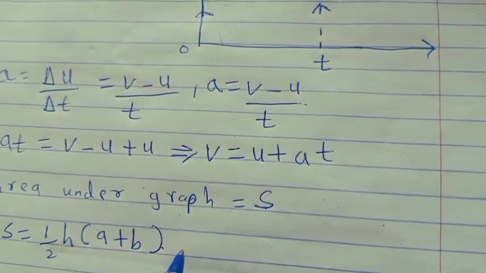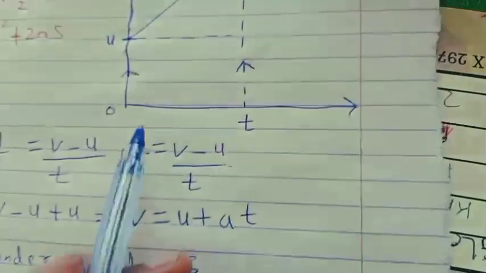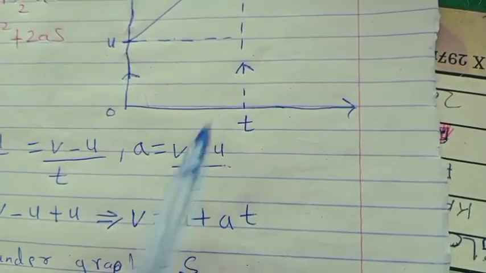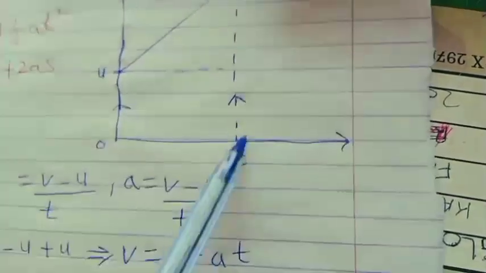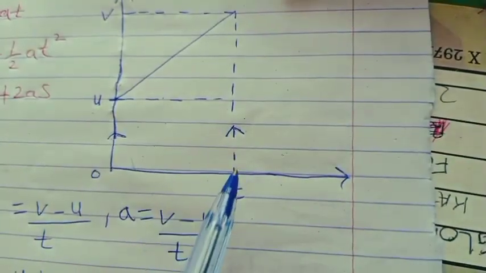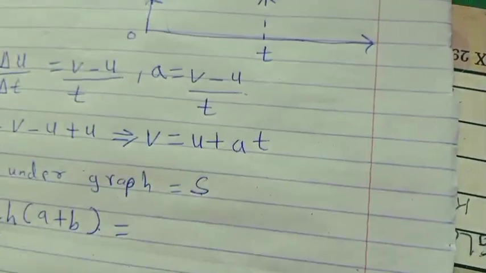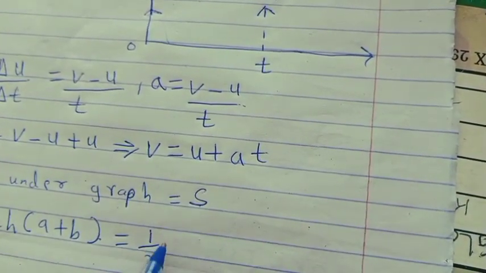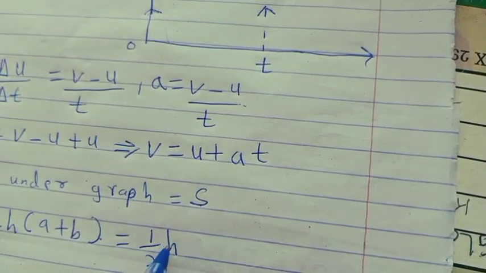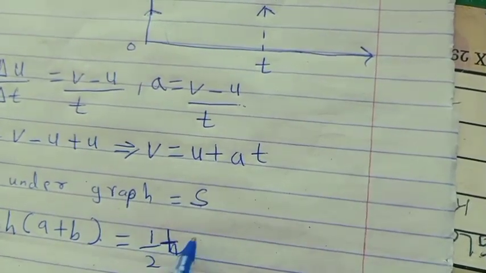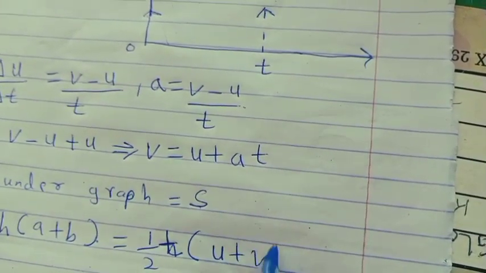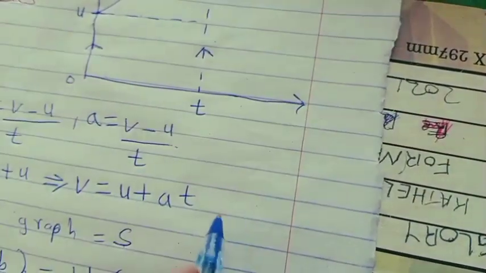In our case here, our height is t, our a is u, and our b is v. So this is the same as half height, t, into bracket (u + v).